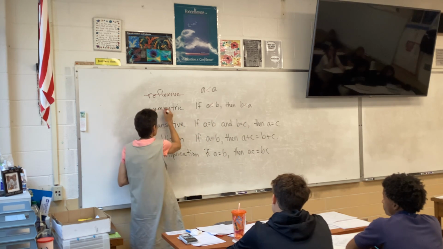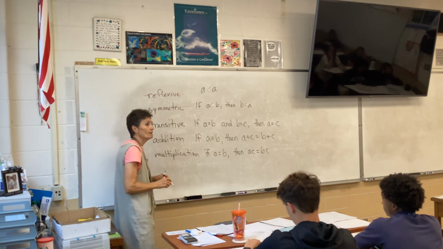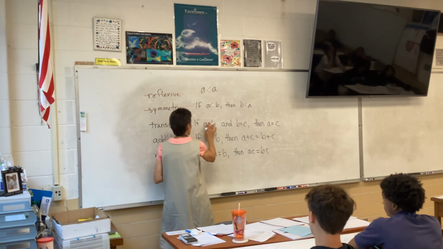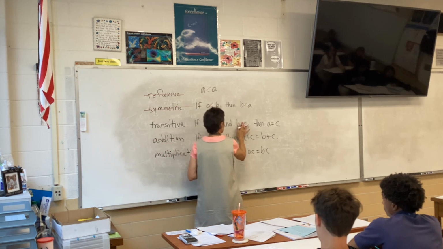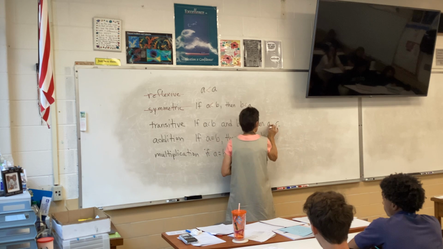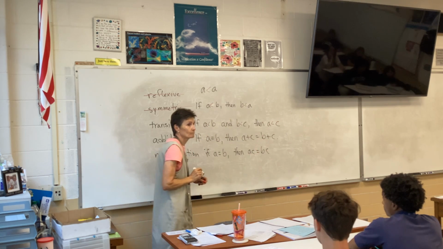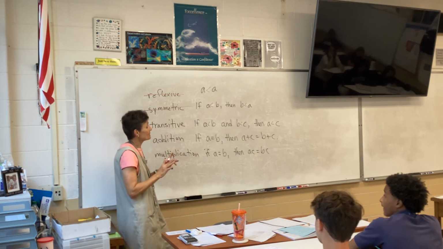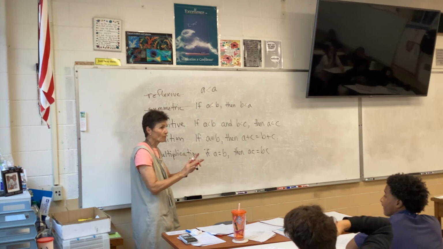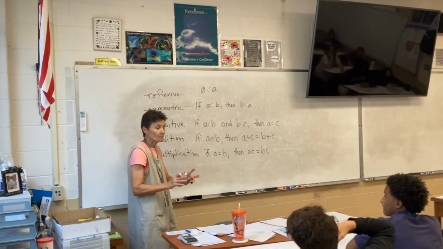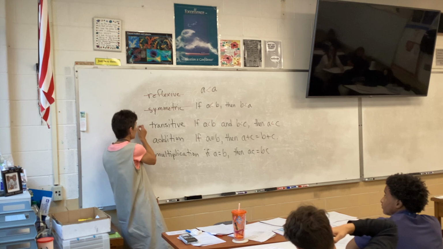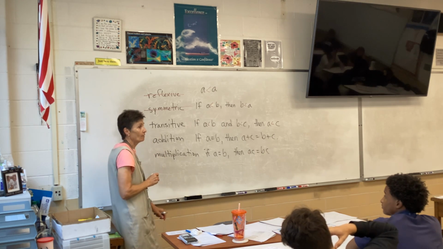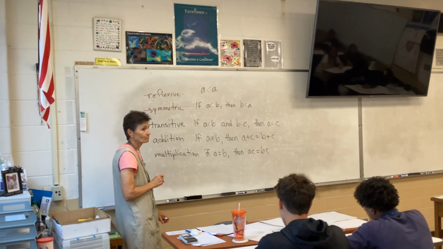Nope. So there is no symmetric property for inequality. Is that true? Yes. I'm randomly using less than, I could be replacing with greater than. That's true. This is the transitive property of inequality.